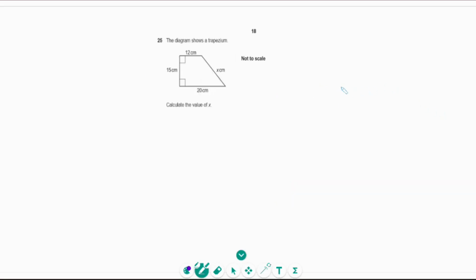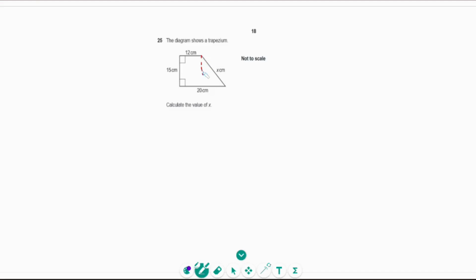Diagram shows a trapezium, calculate the value of x. So as I explained, you probably will be given the area of a trapezium in your formula book. Oh no, we're not looking for the area. That's an autopilot there. Looking for this missing length x. There's nothing to do with area.